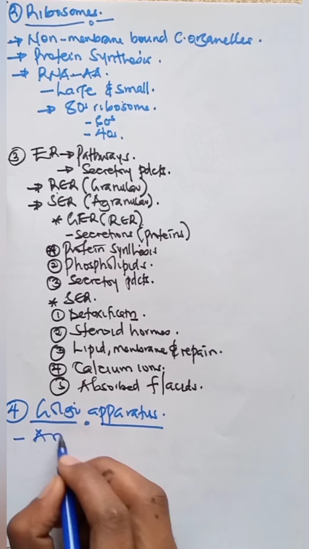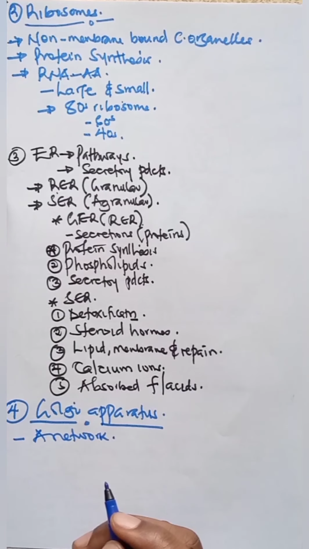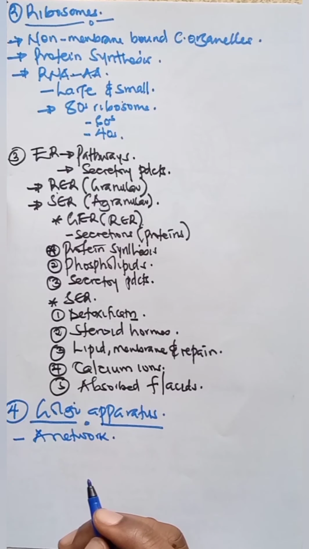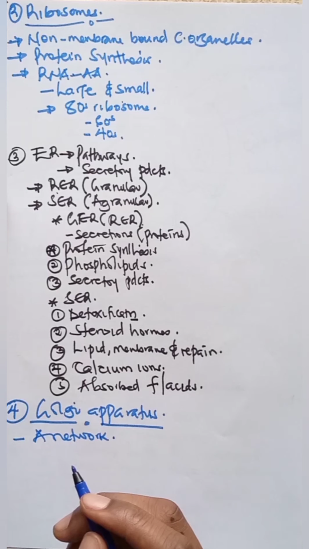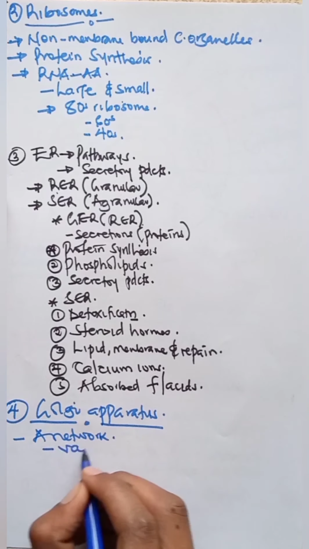The Golgi apparatus is a network of reticulum comprising smooth surfaced cisternae, which you can also call lamellae, with lumen, vesicles and the vacuoles.